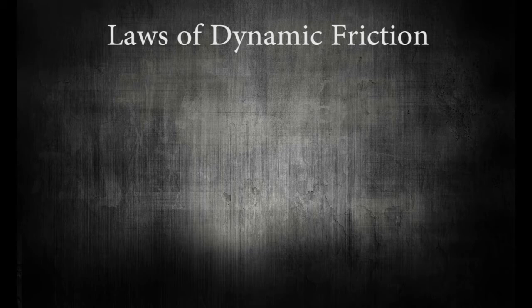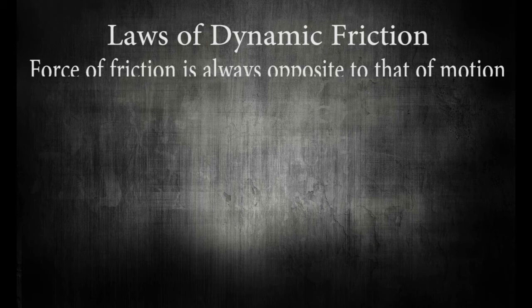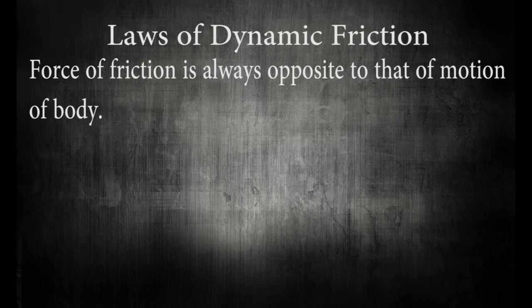Starting with the laws of dynamic friction, the first law says that the force of friction is always opposite to that of the motion of the body. We have already gone through this law, this phenomenon of friction to act always in the opposite direction. Friction always acts in the opposite direction to that of the motion of the body.